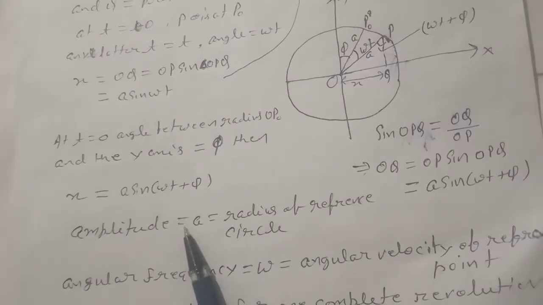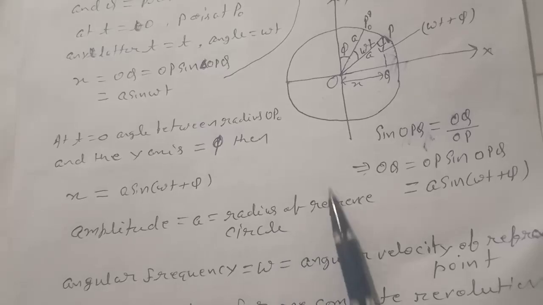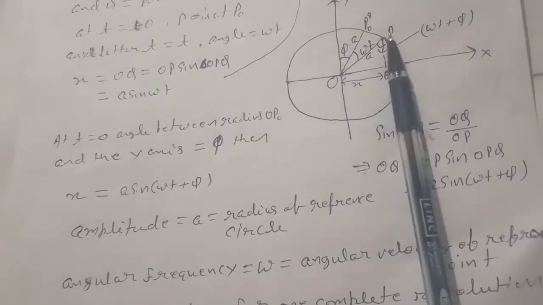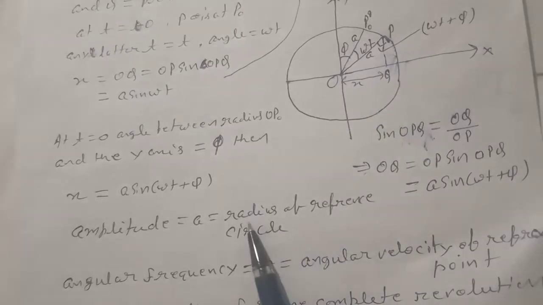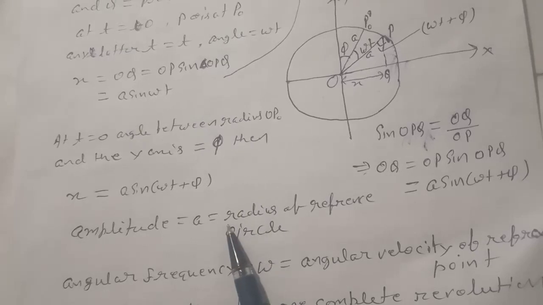The amplitude A of the simple harmonic motion is the radius of the reference circle.